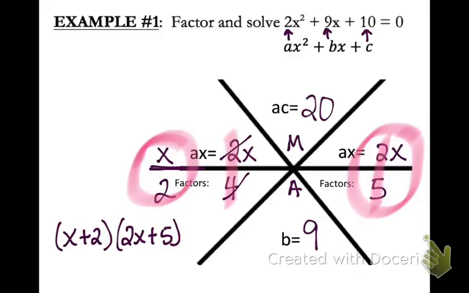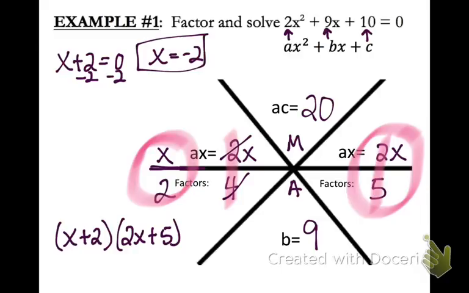Okay, so if I take my first factor, x plus 2, I set it equal to 0. In order to solve this, I would subtract the 2 on both sides, and I get x equals negative 2. For my other factor, this one's going to be a little bit trickier since there's something in front of the x. 2x plus 5 equals 0. I'm going to start by subtracting over my 5.